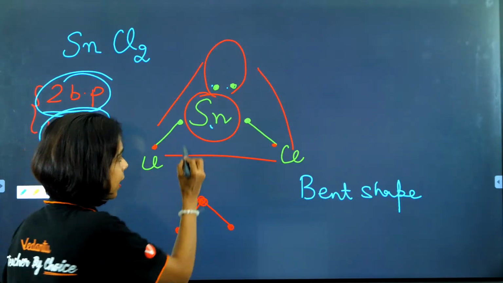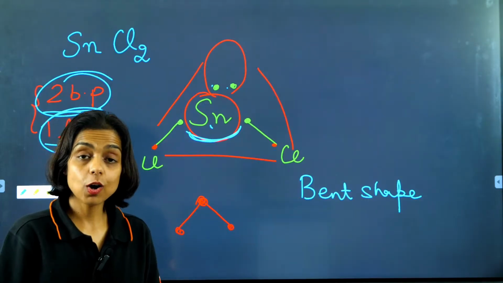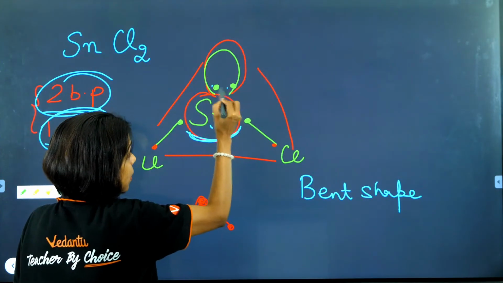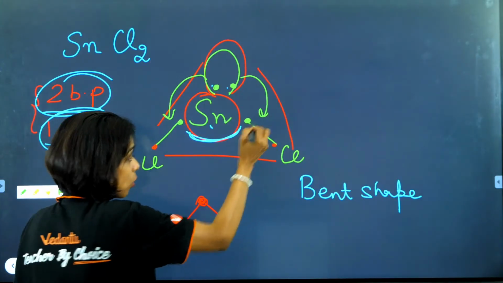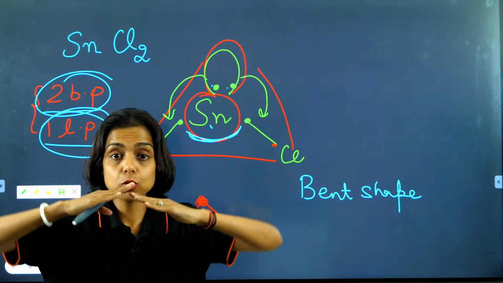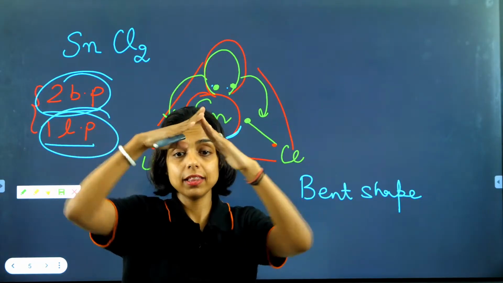Now what will be the bond angle? Will it still be 120 degrees? No, ma'am. Because you know, in the last session we studied, this lone pair will repel the bond pairs more. So this lone pair, because it is free, electron density is there, it will repel those bond pair electrons. So they will feel repulsion from above and bend like this.